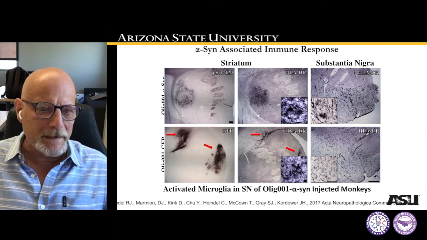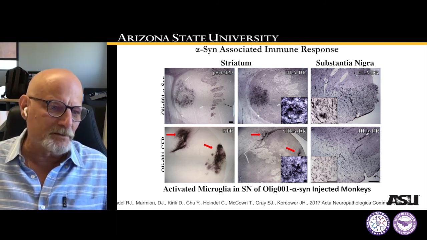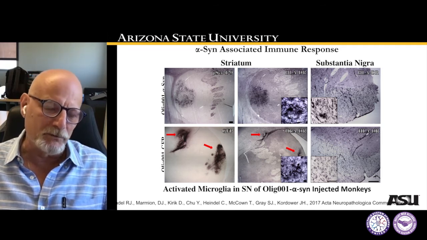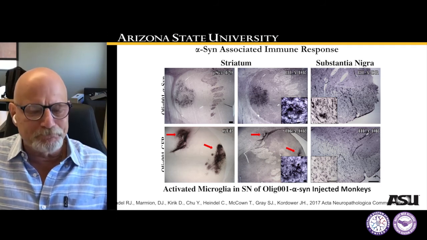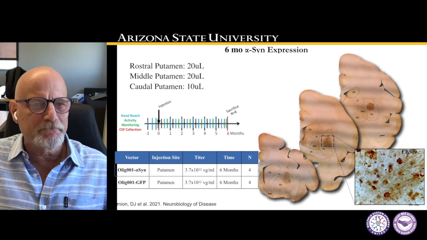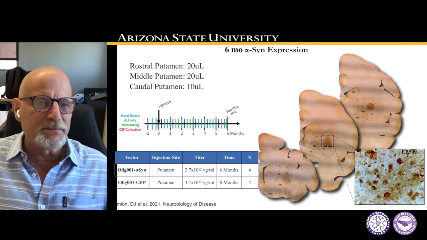In terms of the GFP injections, you can see the oligo GFP regions here, and you just see basically a thin level of HLA-DR just along the needle track, not replicating what is seen in animals that received the ALG1 alpha-synuclein.